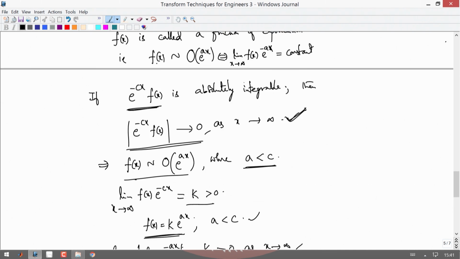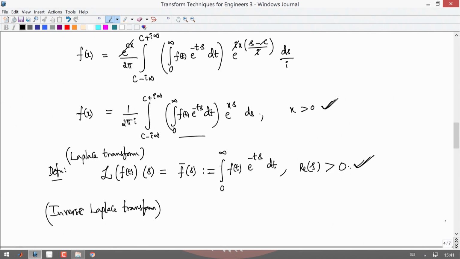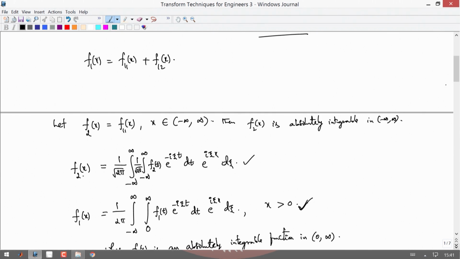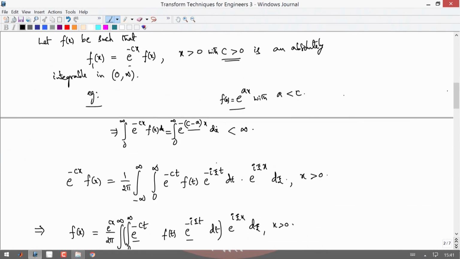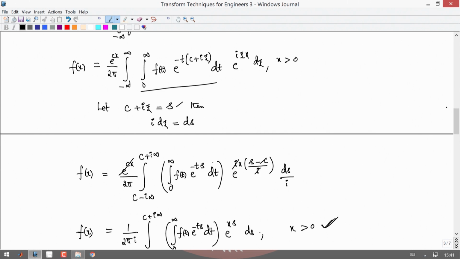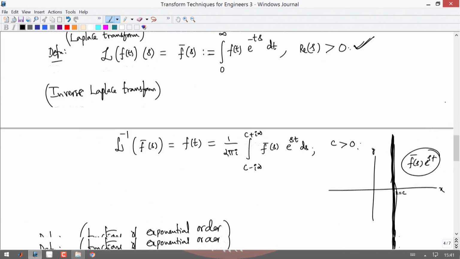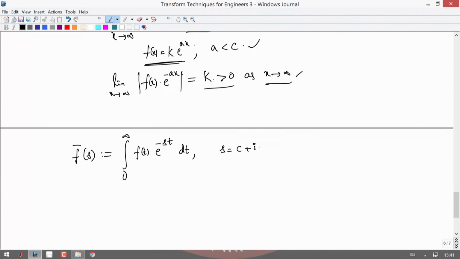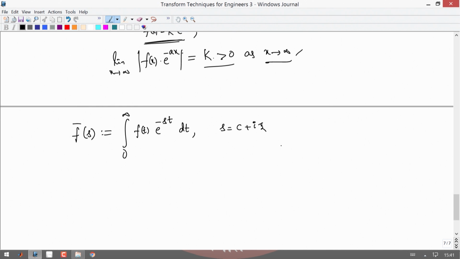Earlier, what is your variable? S, we have introduced a variable s, where did we use that s? S is c plus i xi, where xi is between minus infinity and infinity.